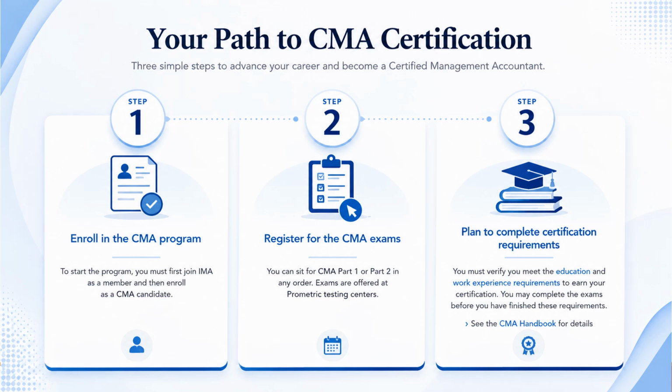And secondly, you should have 2 years of working experience as a finance or management professional. Please remember, even part-time work is allowed, but it should contribute around 20 hours per week. Now, these are the three steps on the path to CMA certification.